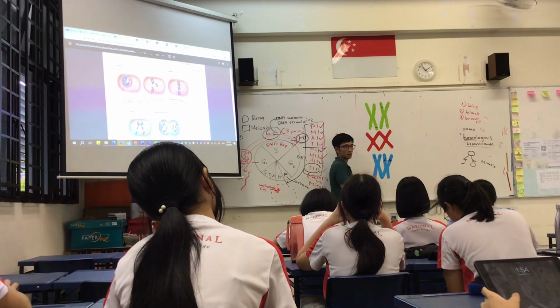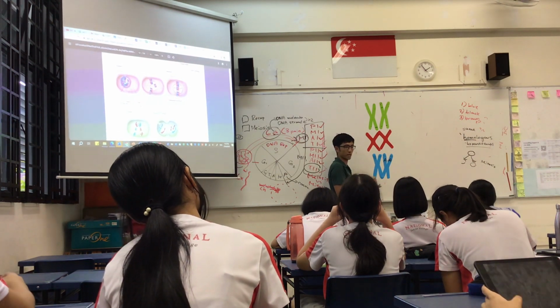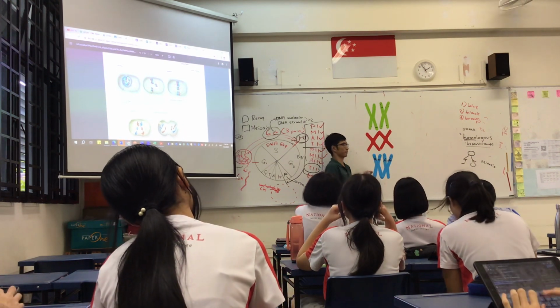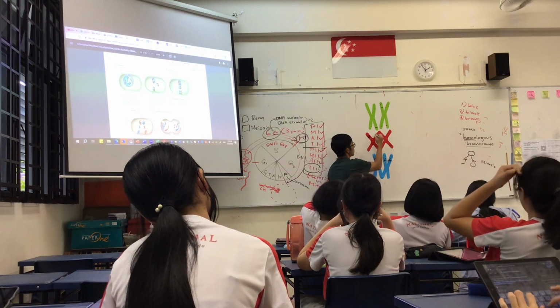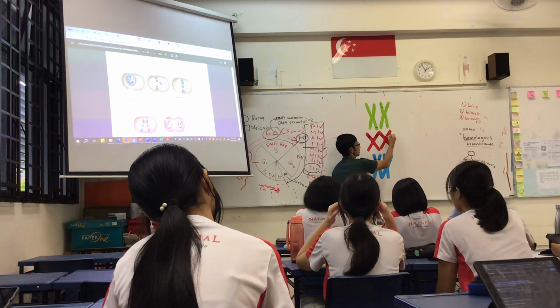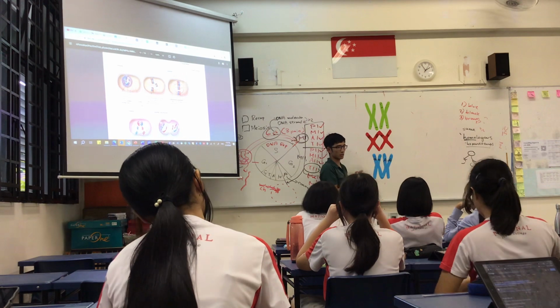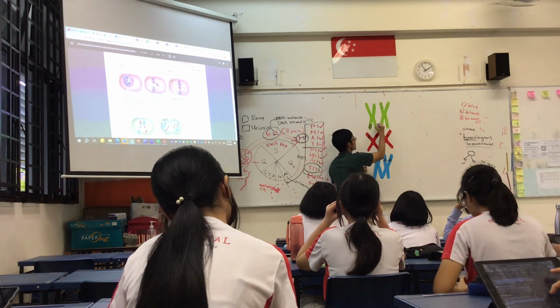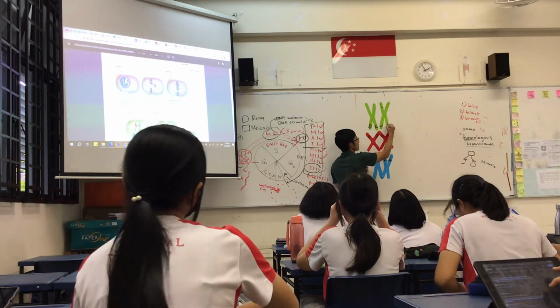Over here, maybe it's a different version of the same gene. I'm going to use the same alphabet, but small caps. Maybe over here I have big D, here's small d.